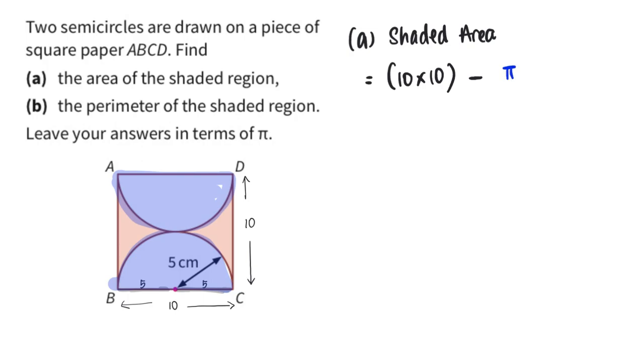So it's simply pi r squared. And I notice one thing. They want us to leave the answer in terms of pi. So I will have 100 minus how many pi? 5 times 5 is 25 pi.